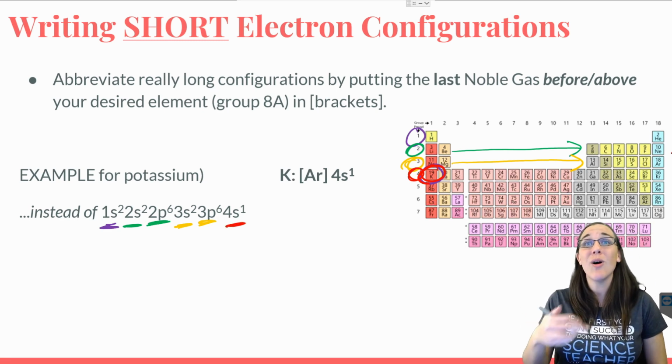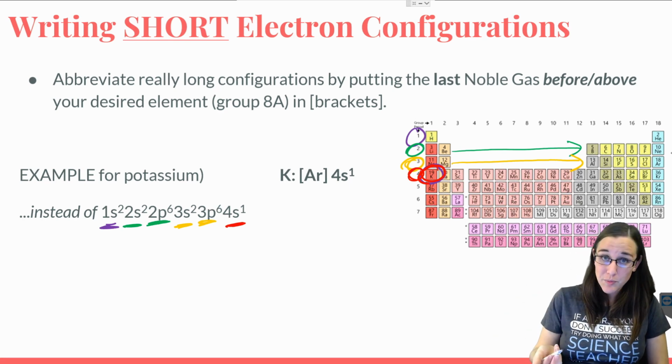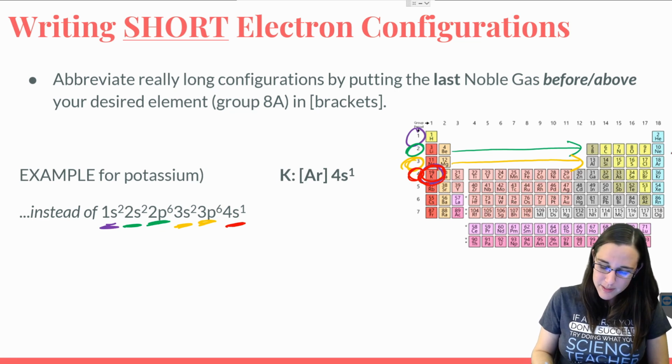Instead of writing out all that, you can see how it could get monotonous and very long. What we can do is just go back one. So from potassium, let's erase this other stuff first.